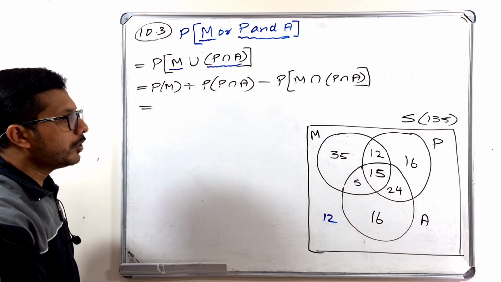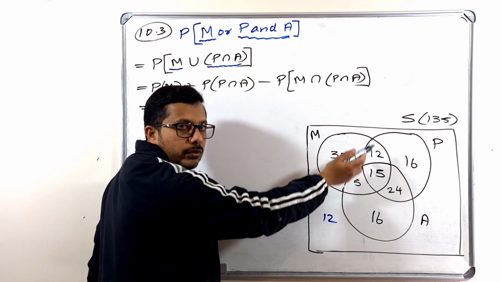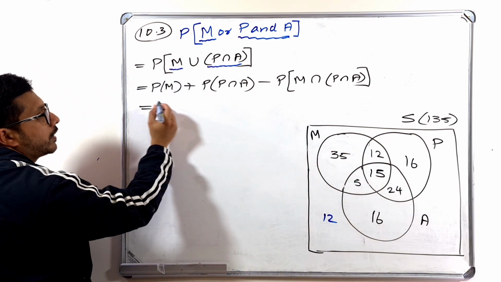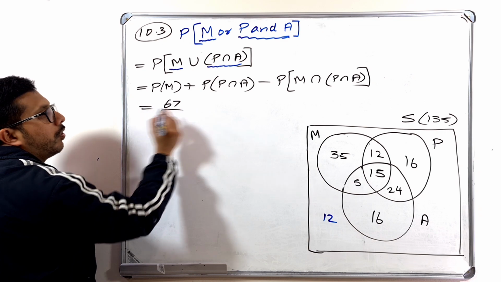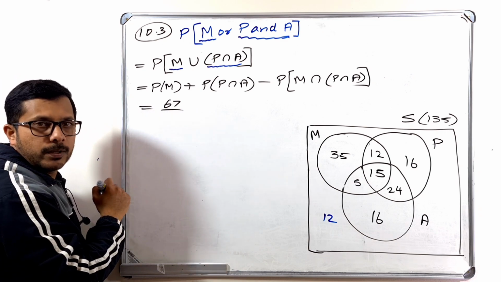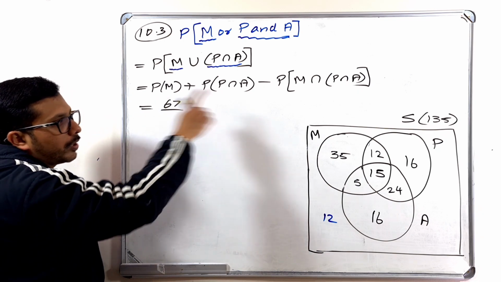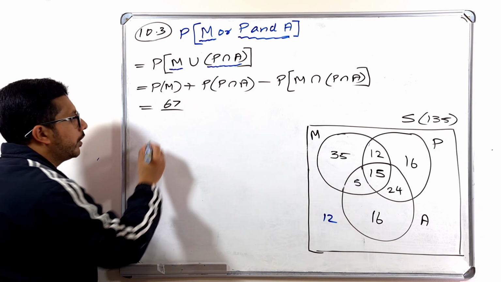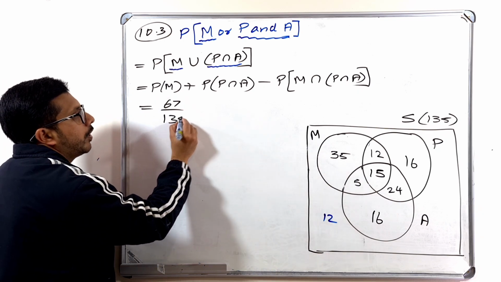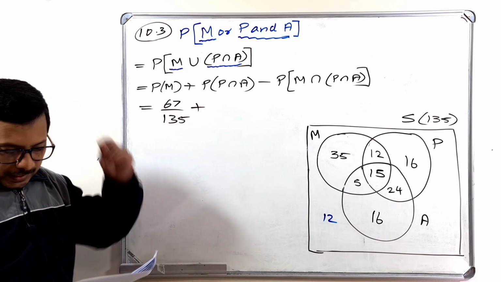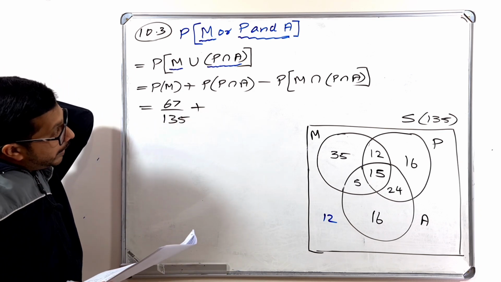So the total is 67, you can add in your calculator. So what is the probability of M? How can you write the probability? That particular number divided by total. Total how many students? 135. So it is 67 over 135 plus probability of P intersection A.